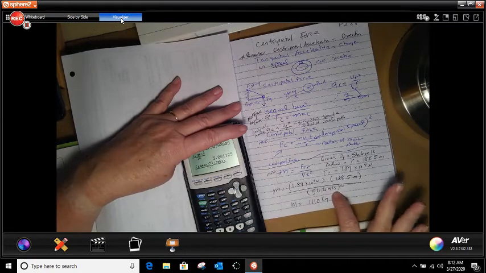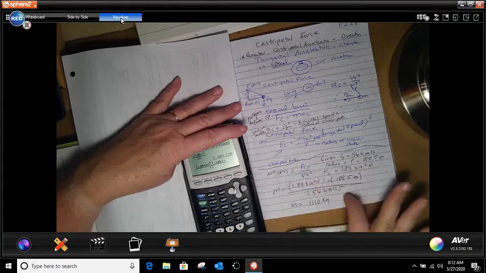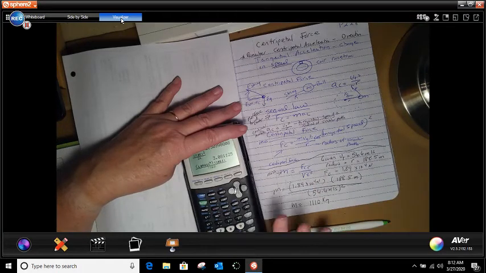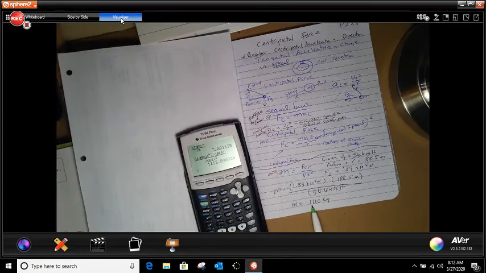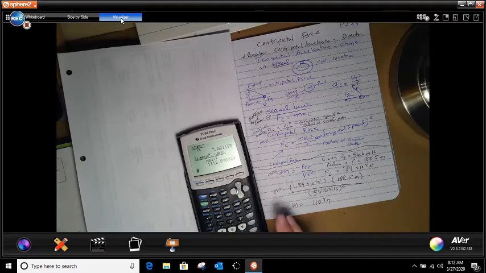The reason we're using a bracket is because remember, this is squared. 56.6 squared, enter, and I got 1111.2090924. In the book, it rounded to 1110. I personally would have rounded up to 1111.2, and if you did, then that is fine too.